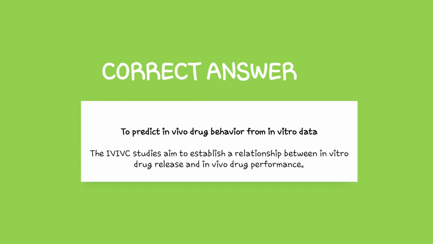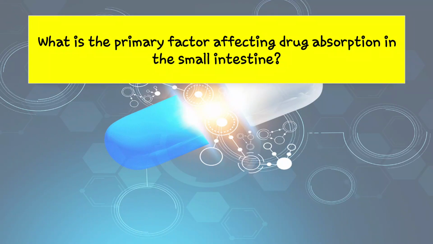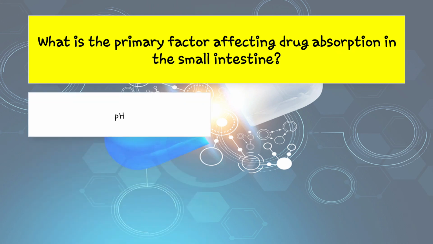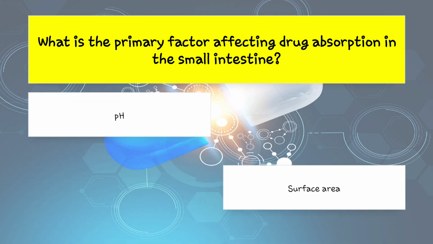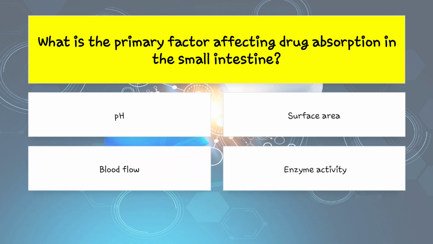Getting? Moving to next question. The question is, what is the primary factor affecting drug absorption in the small intestine? And the options are, first pH, next surface area, next blood flow, and last enzyme activity. You can think for the answer.